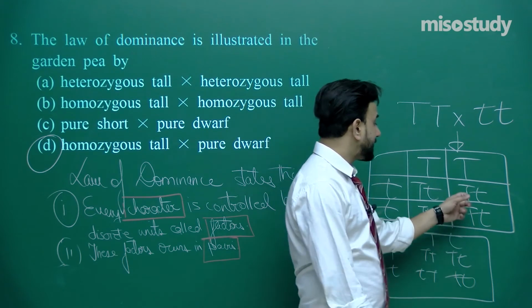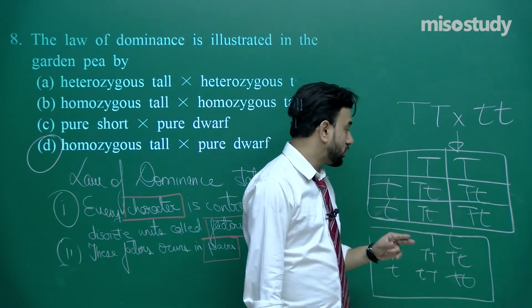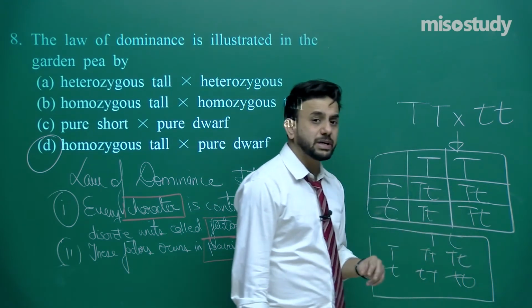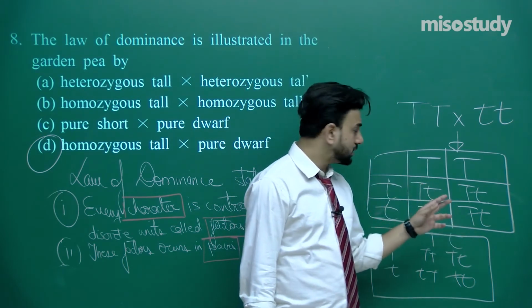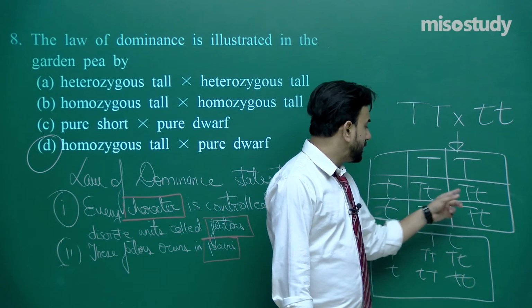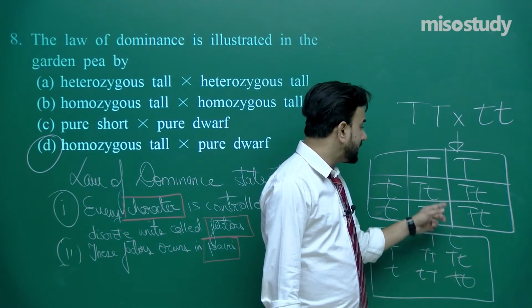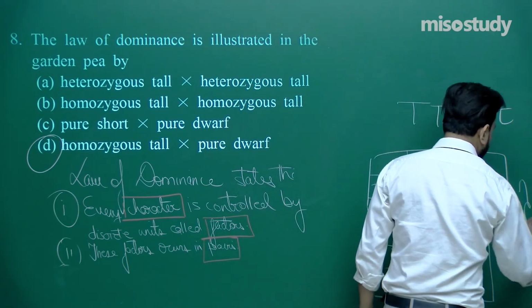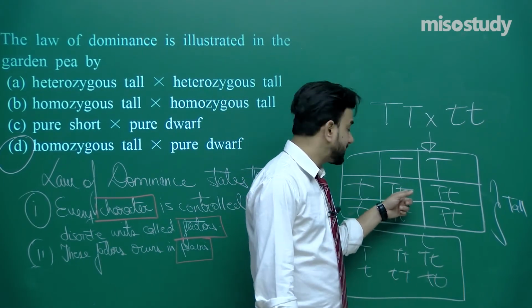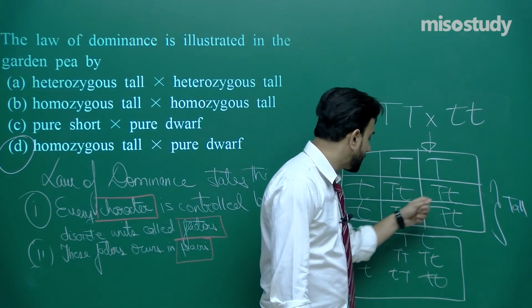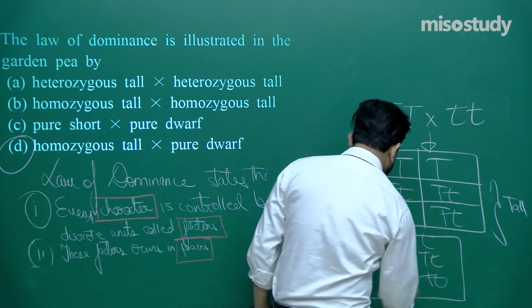And even in the presence of these dissimilar gametes, we are seeing that one will be expressing, that is capital T. All these four are tall. One is expressing, the other is getting masked. This is recessive, this is dominant, recessive, dominant, recessive, dominant.